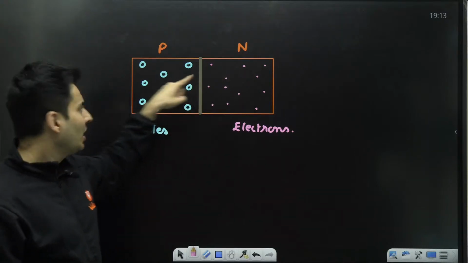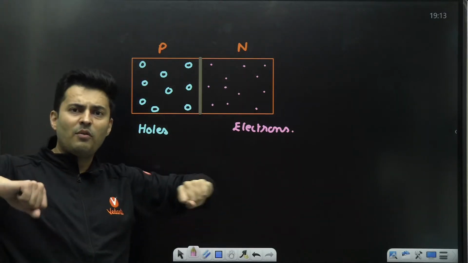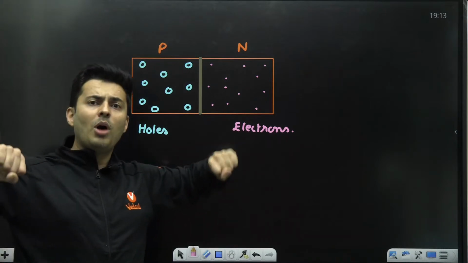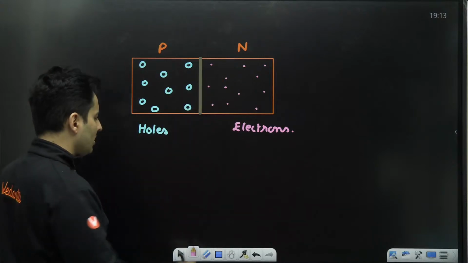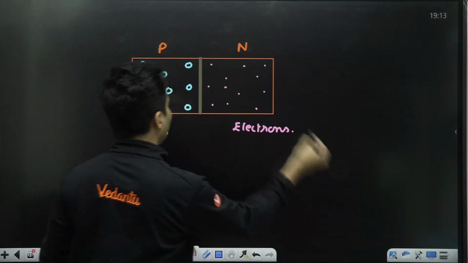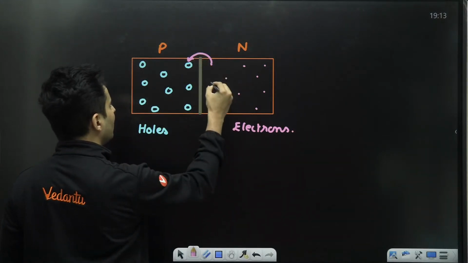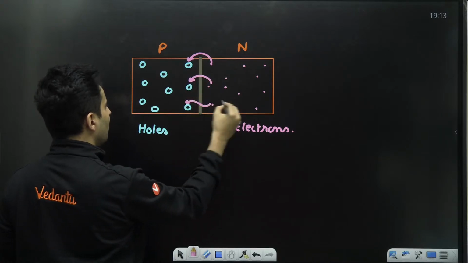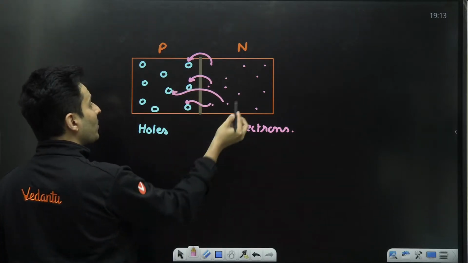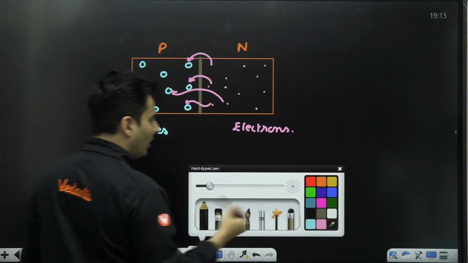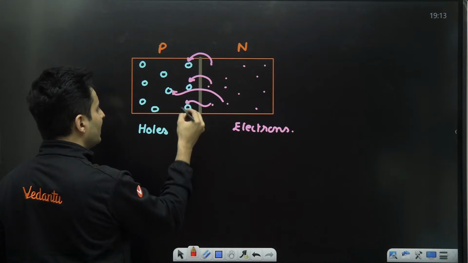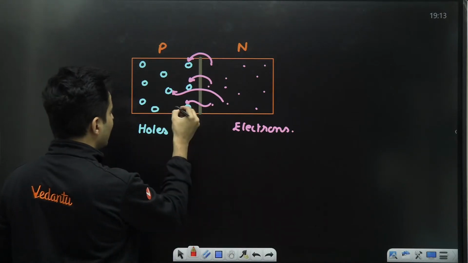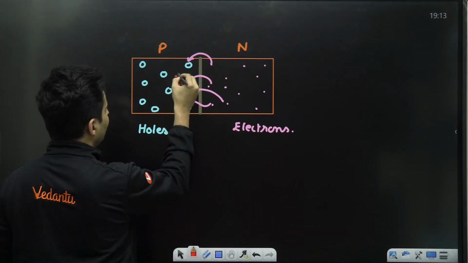What will happen? The holes can't move. Pandu is, let's say, a fat panda type. Pandu will be like, I can't move. So these electrons, these Natashas, will immediately jump over here. But the moment they start jumping, this side will become negatively charged.